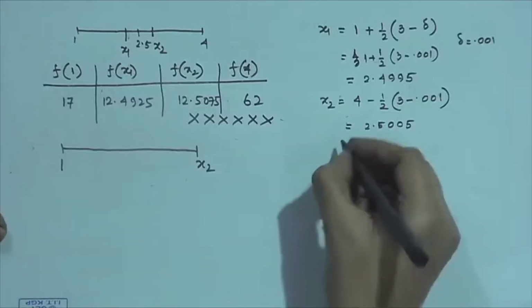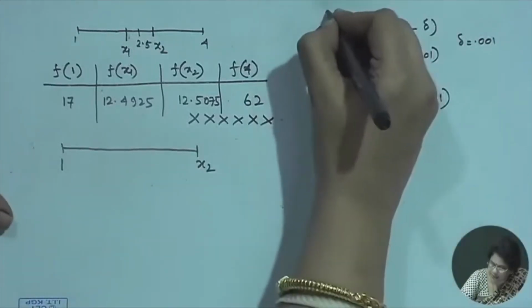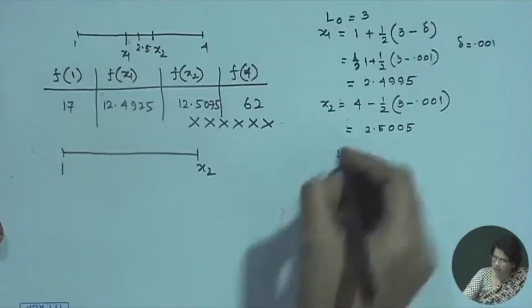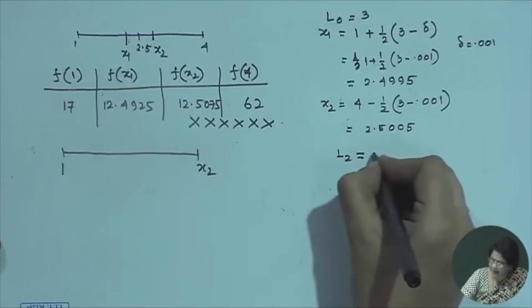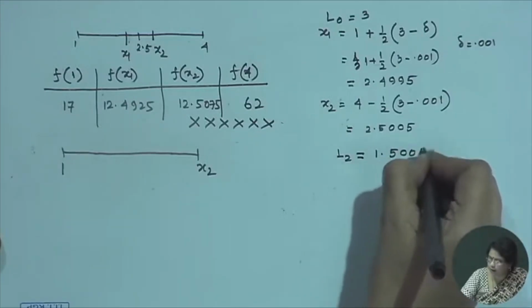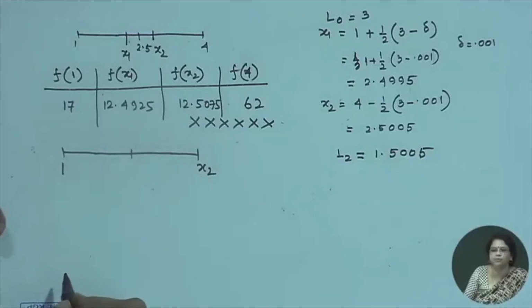Exactly. Previously the interval of uncertainty I was naming L0 is equal to 3. Now you see we are discarding a portion, that is why we are getting L2 as 1.5005.